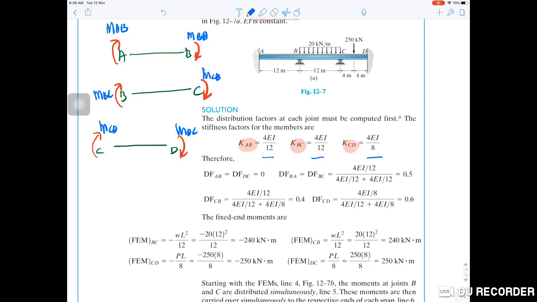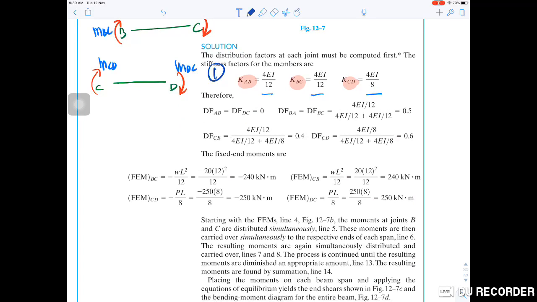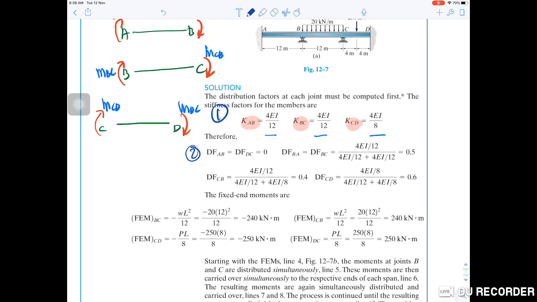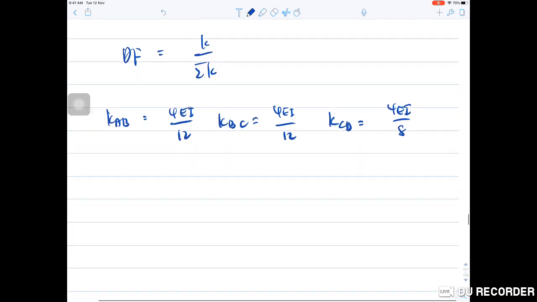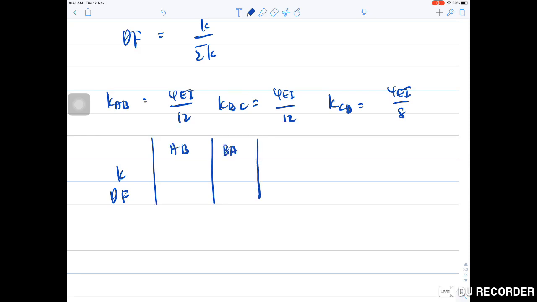After we determine the stiffness factor, this is step number 1. After that, we have to determine the distribution factor. This is step number 2. Distribution factor is equal to K divided by total K. So for distribution factor, K and DF, we have AB, BA, BC, CB, CD, and DC.